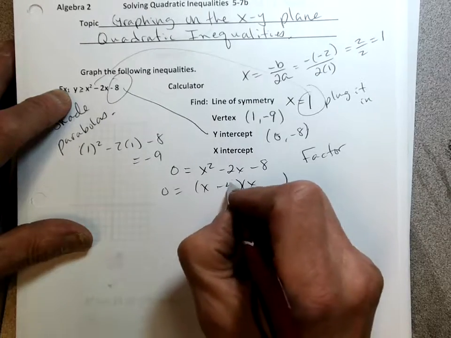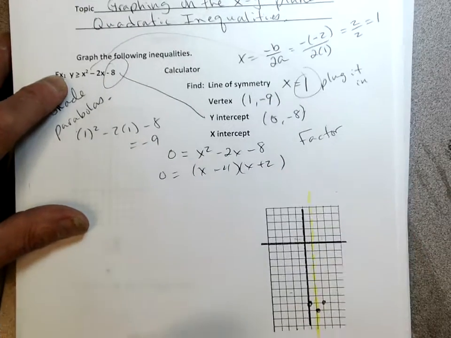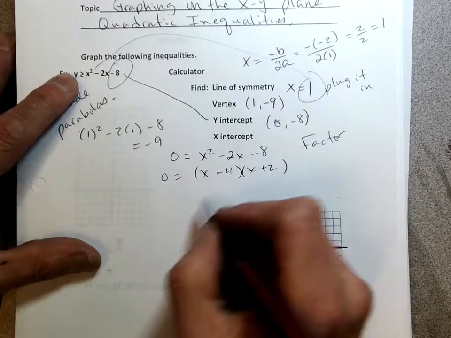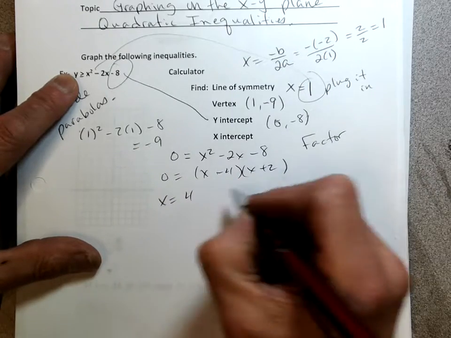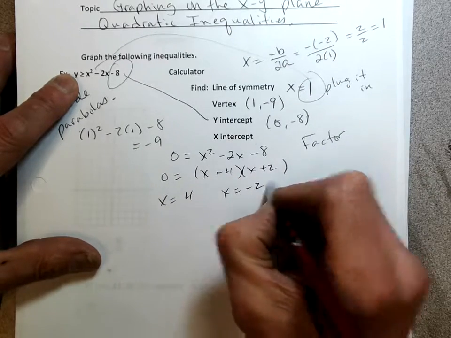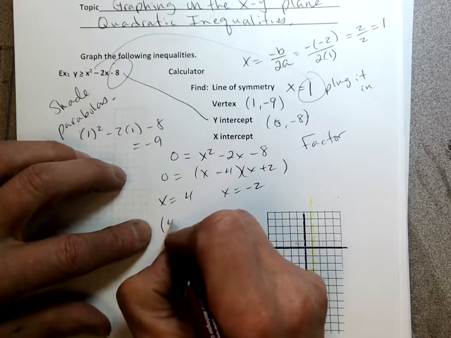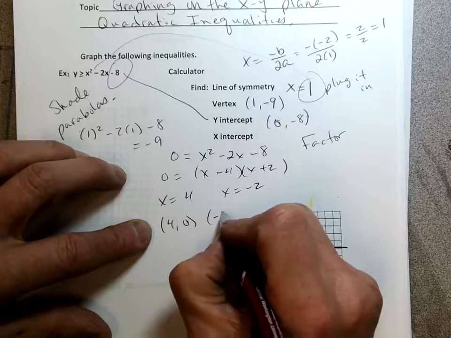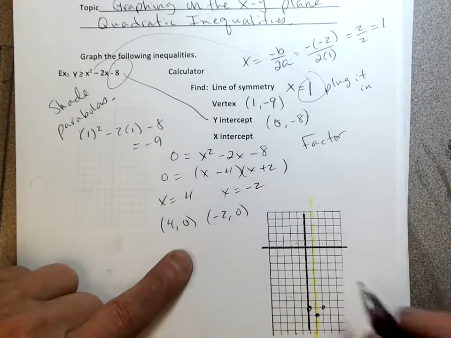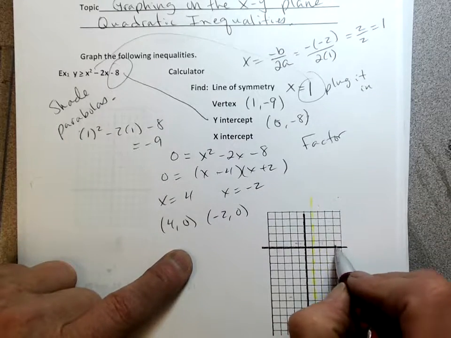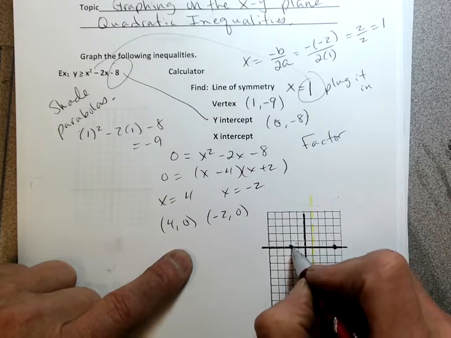We're going to go negative 4, positive 2. But when I solve my mini equations, I get x equals 4 and x equals negative 2. So I'm going to have my intercepts at 4, 0, and negative 2, 0. All right, 1, 2, 3, 4, 1, 2.